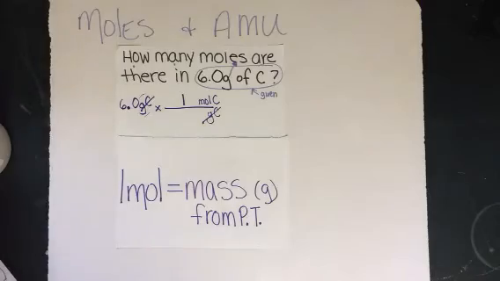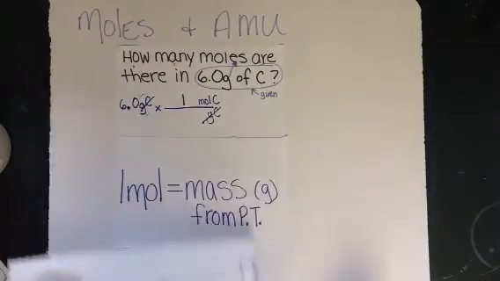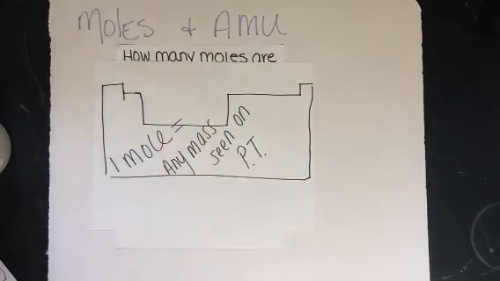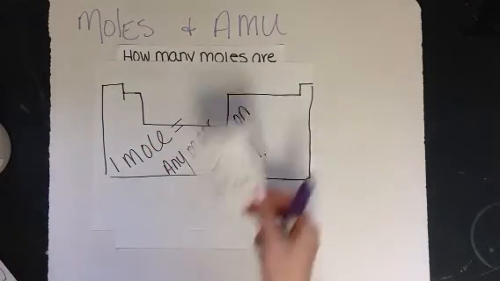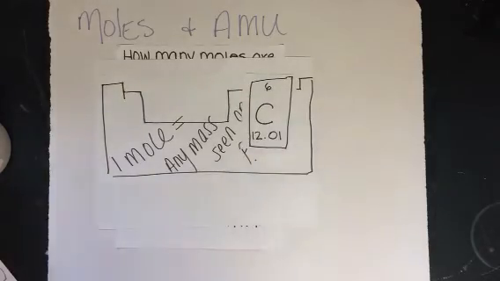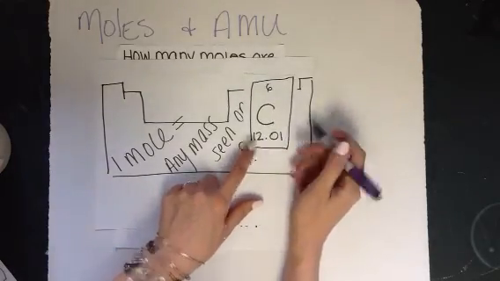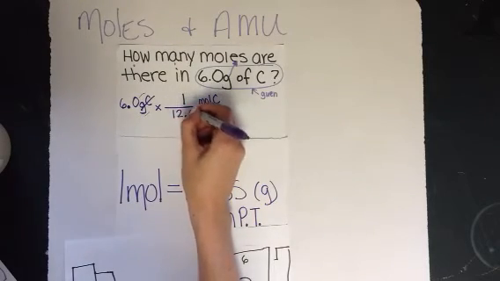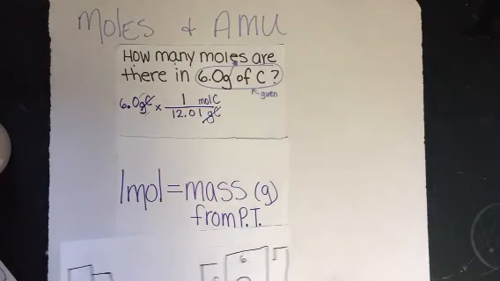All right, let me get my periodic table back, and let me find carbon. We're now talking about carbon. Carbon is a nonmetal above the staircase. It would be right around here. Here's carbon blown up for you. Here's the mass, 12.01 grams. So I plug in 12.01 grams.